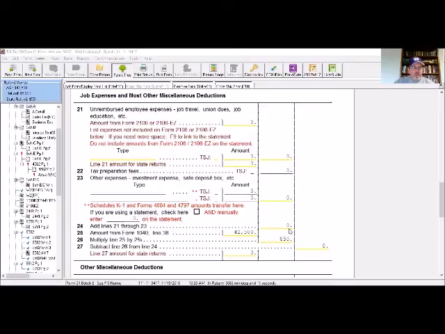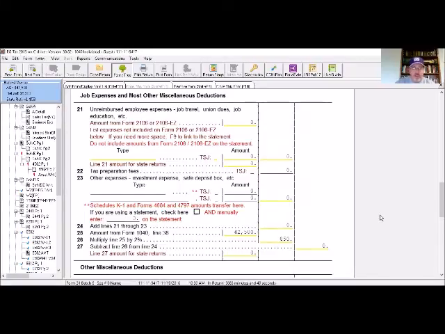Then we take our adjusted gross income and multiply it by 2%. If this line 24 is greater than line 26, we get to deduct anything over that 2% on itemized. Most of the time, people do not reach the 2%, even with their union dues and tax prep and any other investment expenses. They just don't get to that 2%. So there's a 2% threshold, just like we talked earlier about the 10% threshold for the casualty losses.